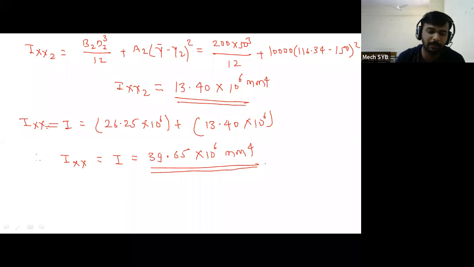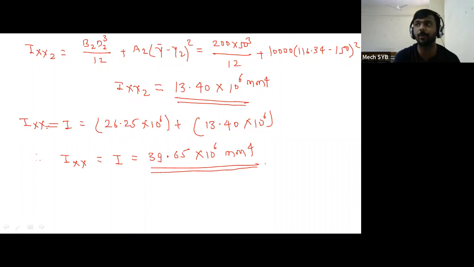Until now we calculated the moment of inertia for the separate sections, that is the horizontal rectangle and the vertical rectangle, and now we have done the addition, and by adding we got the moment of inertia of the total T section, that is Ixx and that is equal to capital I. So please check, do the additions. 39.65 into 10 raised to 6 mm raised to 4.